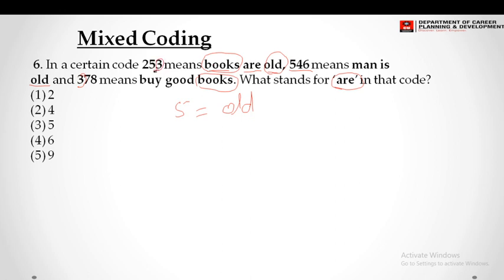So 3 is common, and 3 is books. So we find the code of book and old both, so the remaining is R. So R is the remaining code, which means 2 will be the code of R. So the answer will be the first, 2.